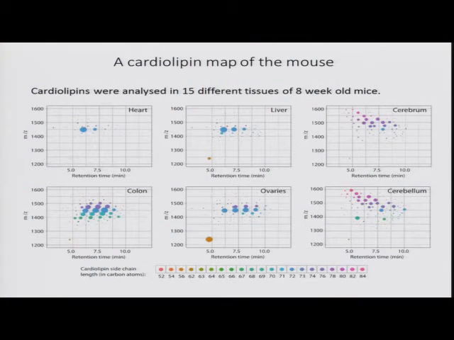Heart is dominated by one species, whereas, for example, colon has very broad variability of cardiolipin species, which is more dominated by shorter side chains, whereas in the brain regions we have long side chains with a very broad double bond profile.